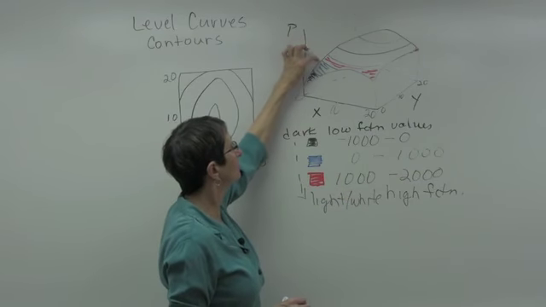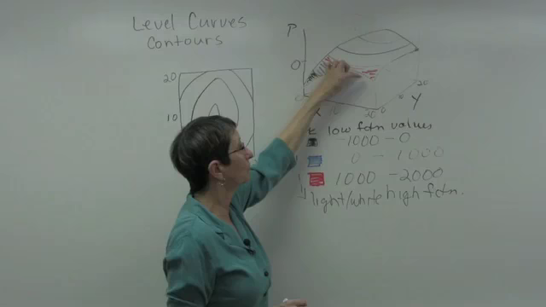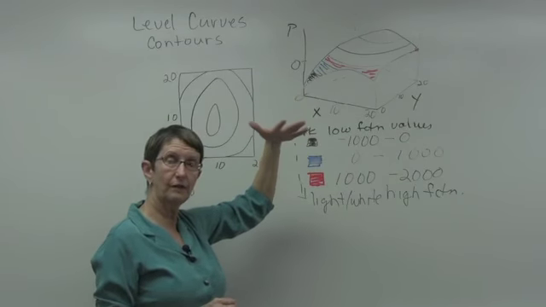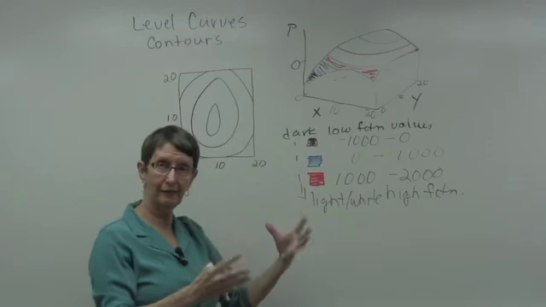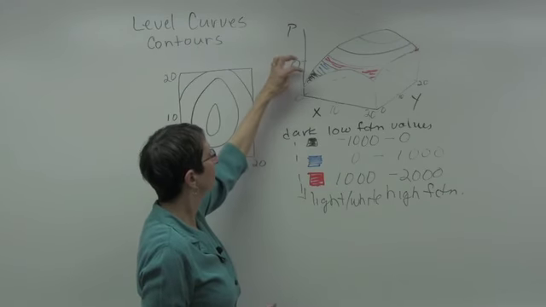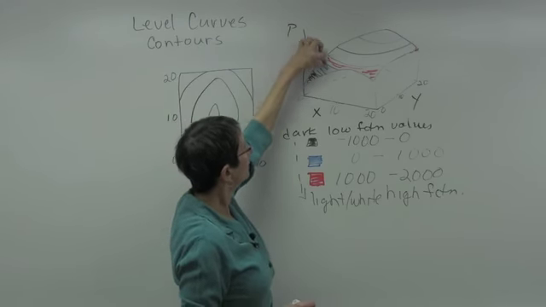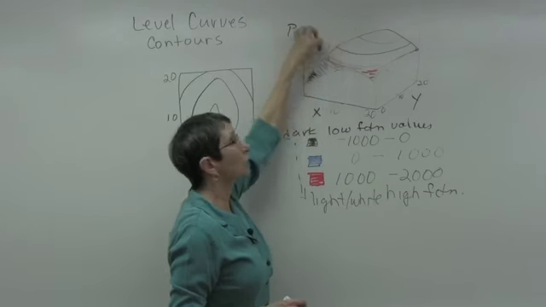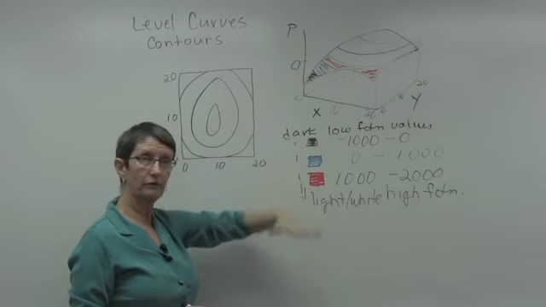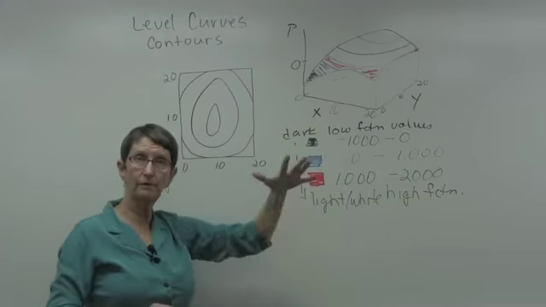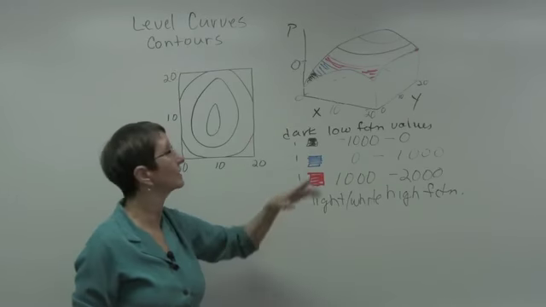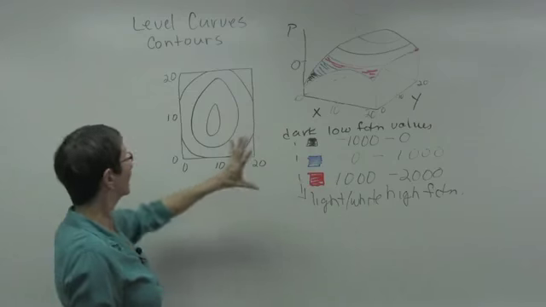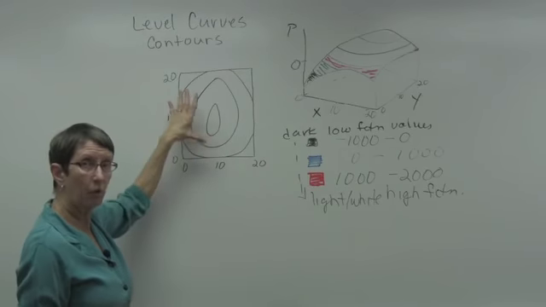Every function value along this curve between the blue and the red has a function value of 1,000. The x and the y's put into the function give you a value of 1,000. And if you drop those curves to the floor, to the bottom of where the xy plane is, you'd have just two-dimensional curves. Here they're sort of elliptical. This is sort of what it would look like.